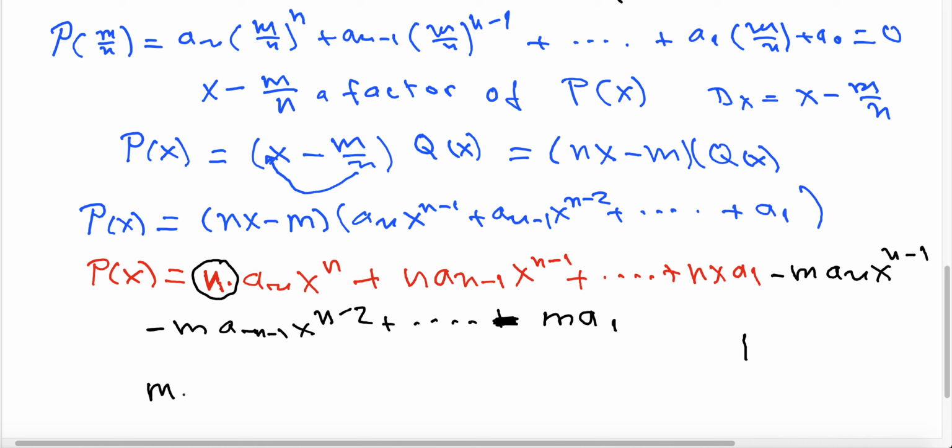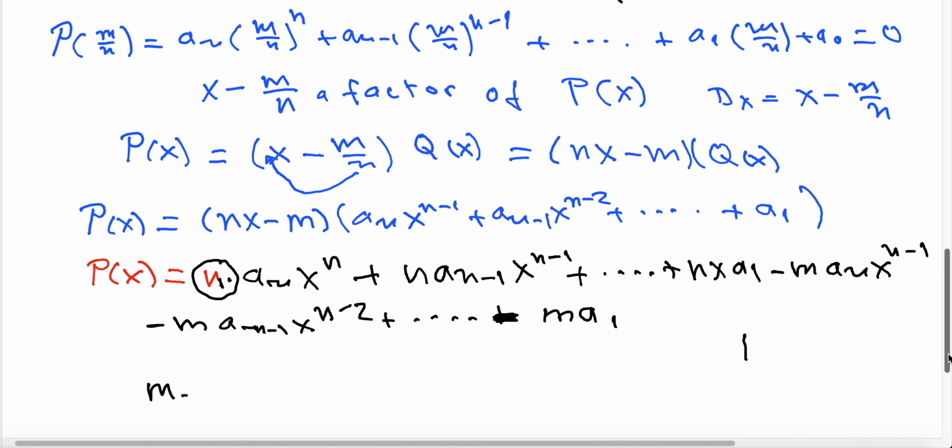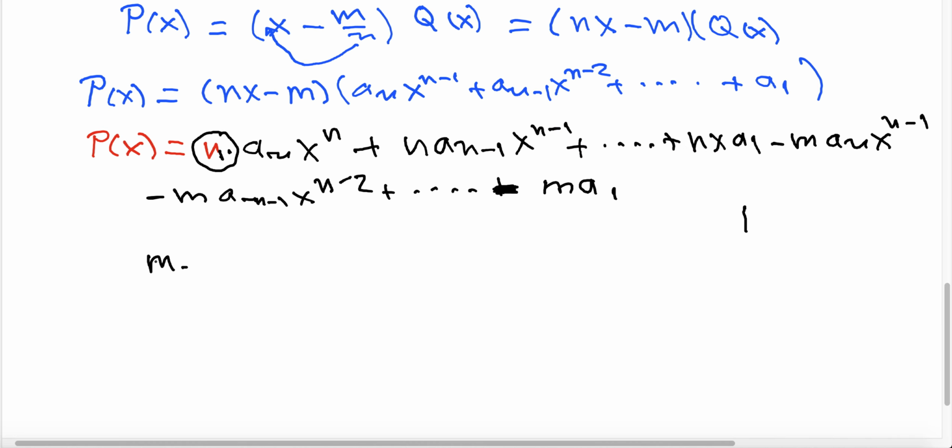Let me write a little bit better this one here because it's not very good. Okay. So maybe I can erase now. Good. So n is a leading coefficient factor. But if we are looking at the last one here, m is a factor of the constant.